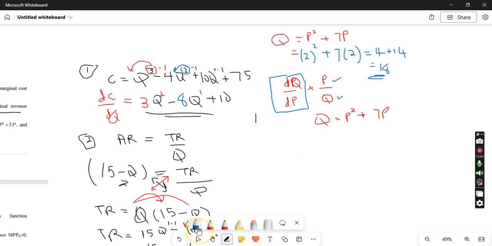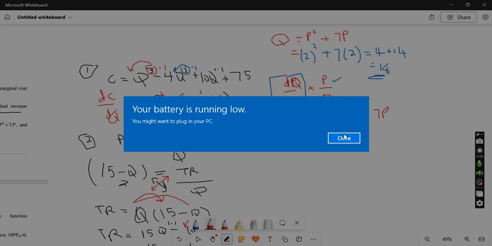So using the power rule, multiply the exponent, 2 times 1, that is 2.